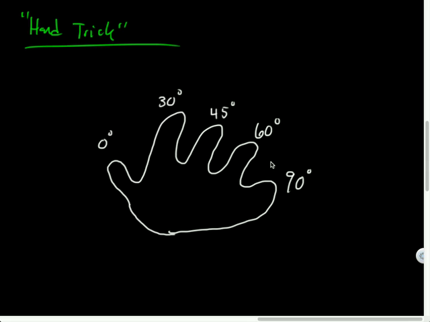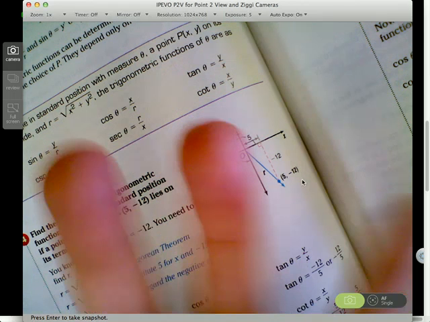So if I want to figure out, for instance, sine of 30 degrees, then I would put my 30-degree finger down, like this.